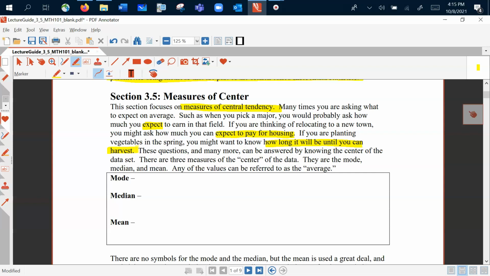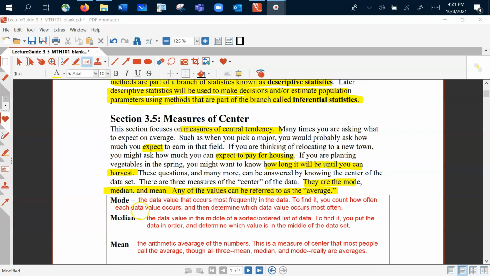The three different measures of center that we'll be looking at are the mode, median, and mean. Each of these words is often indicated by the word, quote-unquote, average. Okay, so let's go ahead and define these three words now.